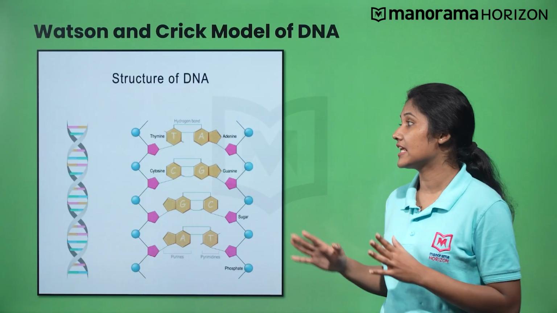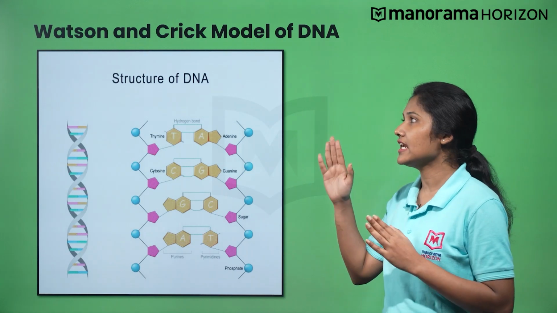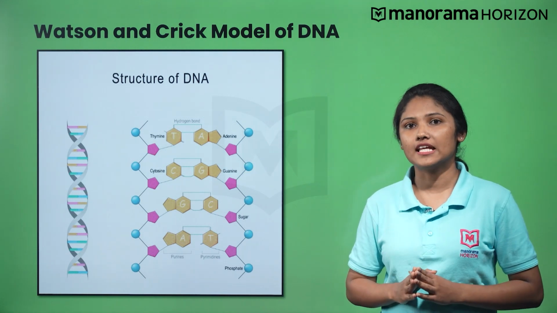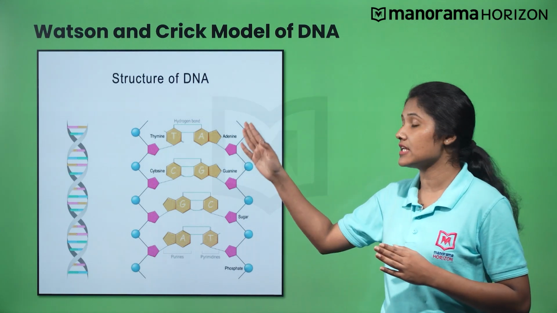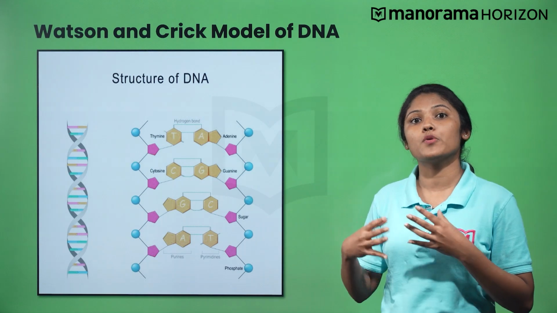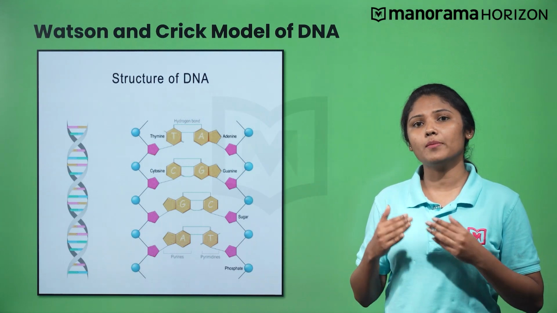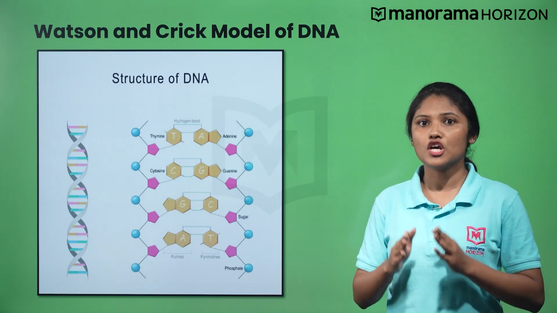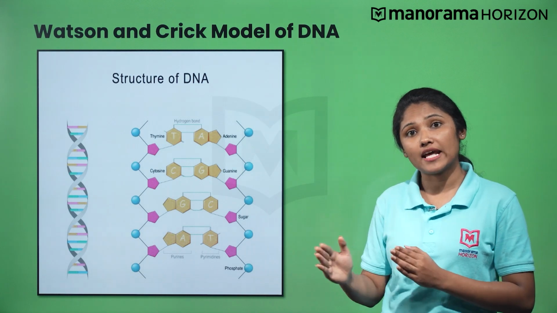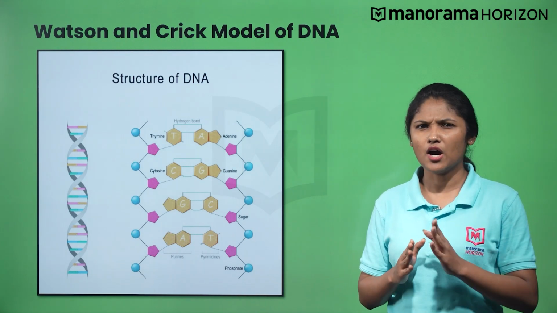Recall the double helical structure of DNA as explained by Watson and Crick. Accordingly, a DNA molecule is composed of two complementary strands of opposite polarity. They propose that the complementary nature of two strands of a DNA molecule should allow each parental strand to serve as a template. But how?